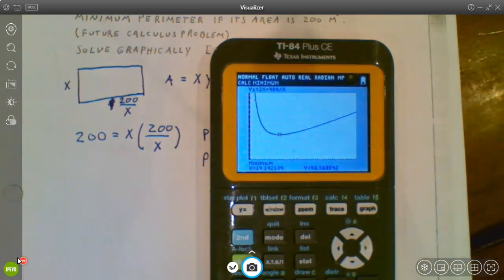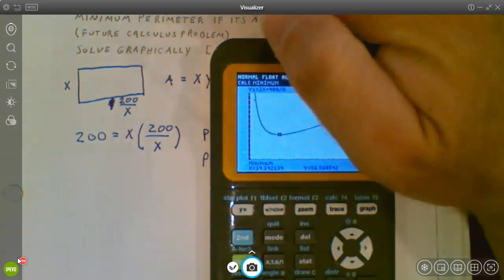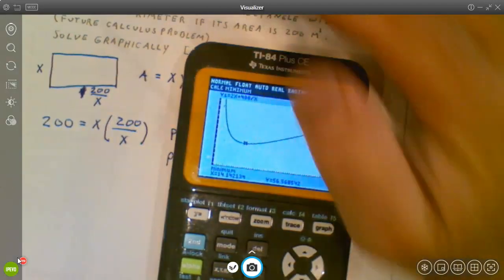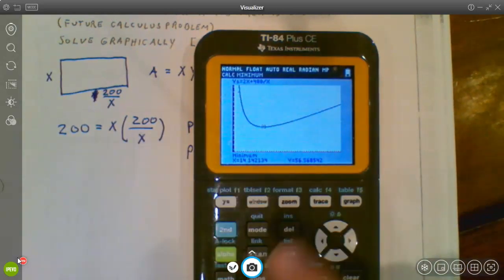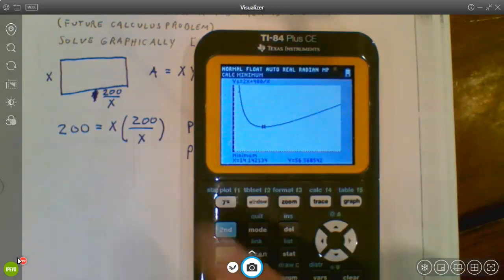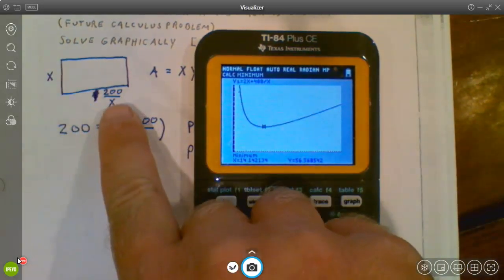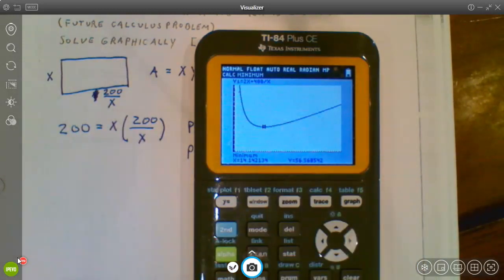So one thing to consider in this is, what were they asking for? Right? So this problem specifically said, find the dimensions of the rectangle. So essentially I need to know my x value, so I can put it here, and that will tell me what my dimensions are. But that's always something to read very, very carefully. They could have said, what is the smallest perimeter you could have had?